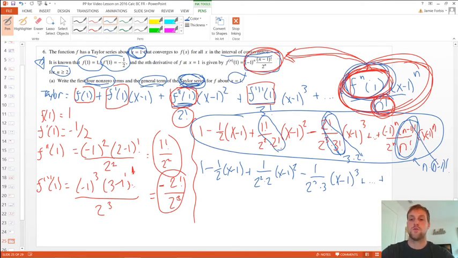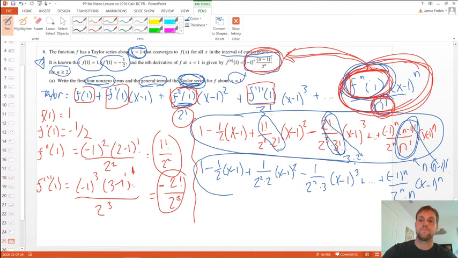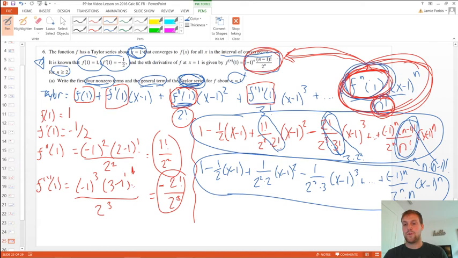So really the general formula is negative 1 to the n over 2 to the n times n, x minus 1 to the n. So what happened was that the n minus 1 factorial over n factorial reduced to 1 over n.